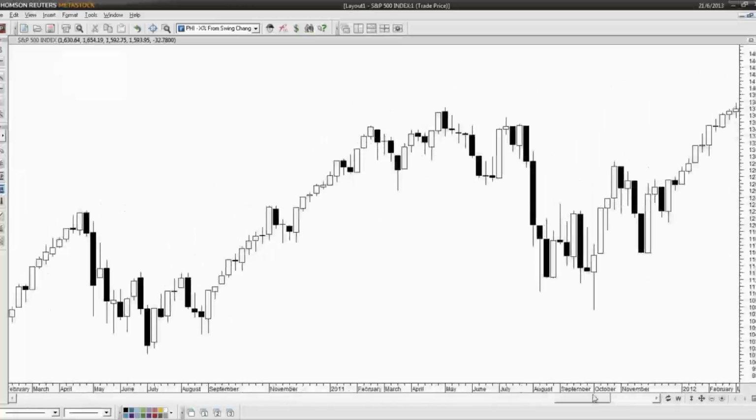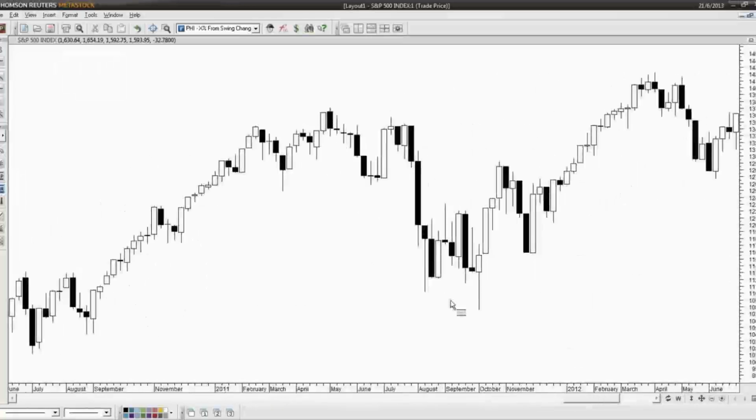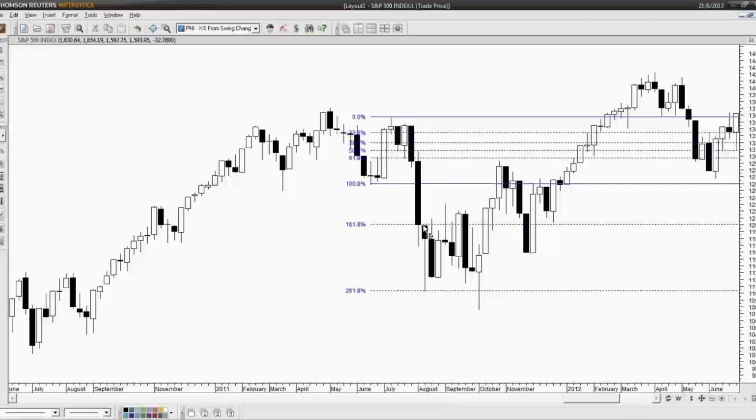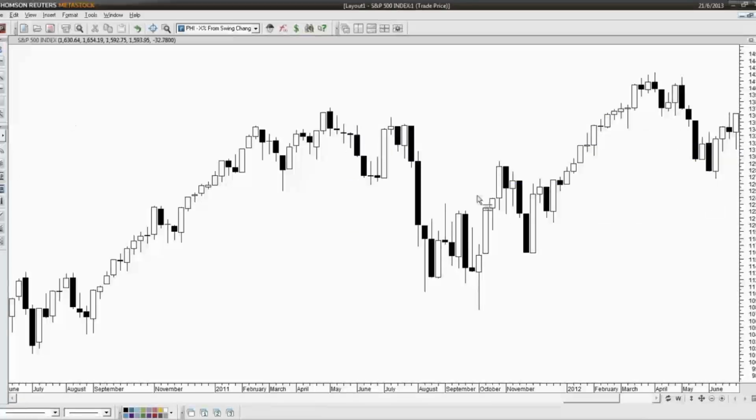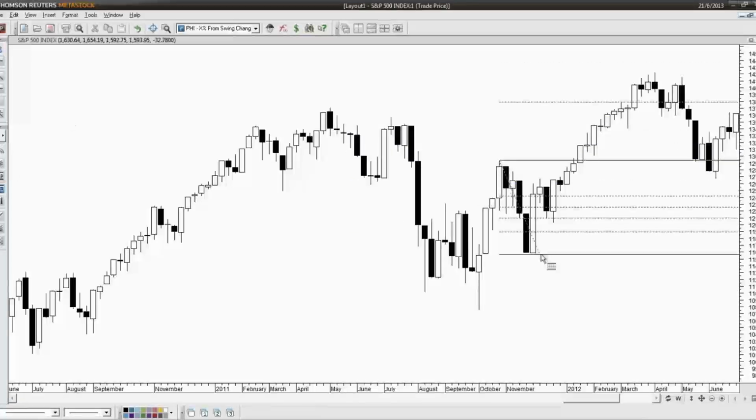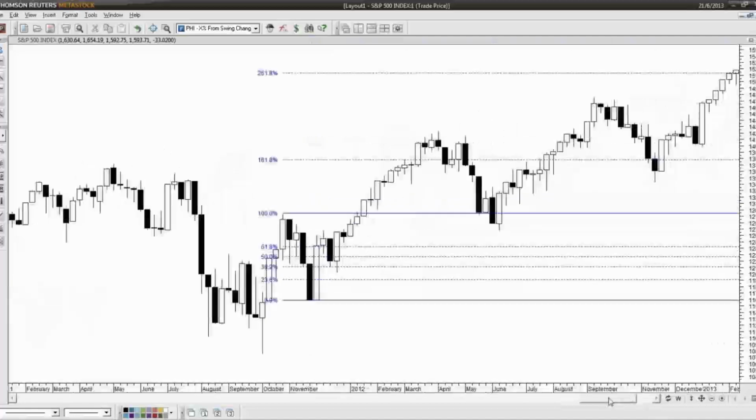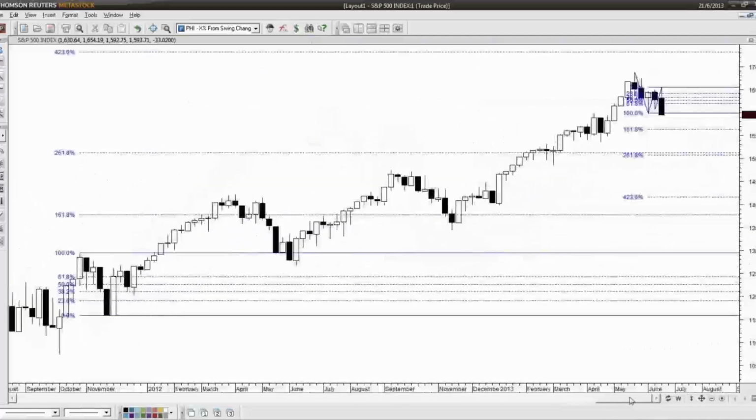The market is going up, comes down, Fibonacci from here to here, 161, 261, you close your position, then again entry here, 161. If you had it at entry level, you hit a stop loss there, but again you didn't lose money, 261, and so on.